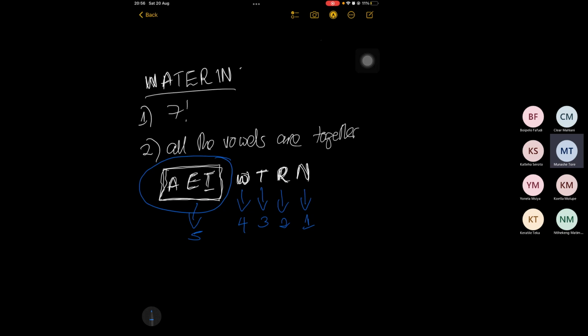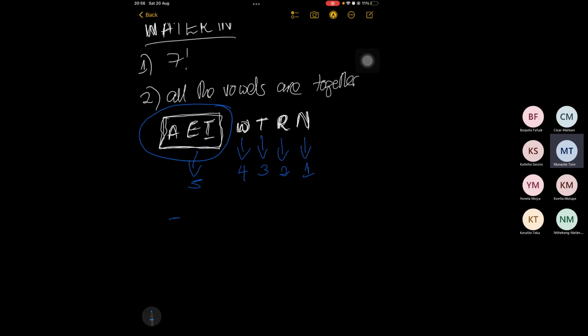So in how many ways can you arrange this? You can arrange this in 5 factorial ways, because you're considering this as one word. But also, it's going to be times the number of ways you can arrange the vowels themselves within this group that we just classified them in. It's going to be 3 factorial ways.